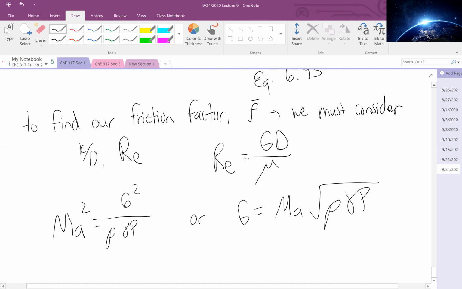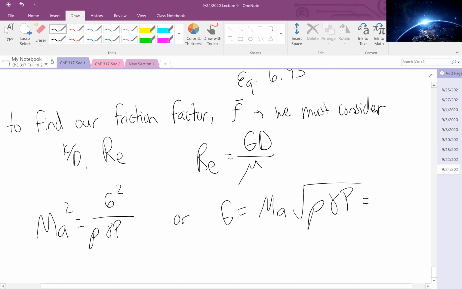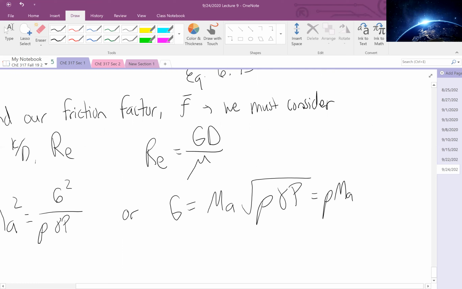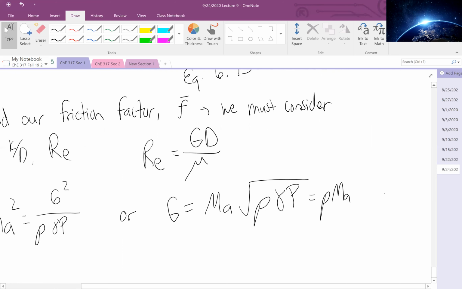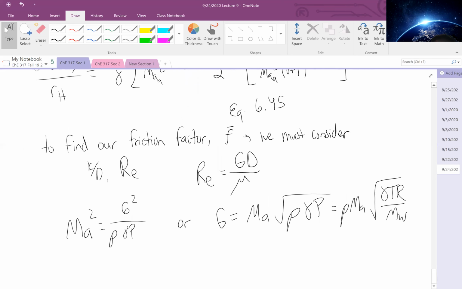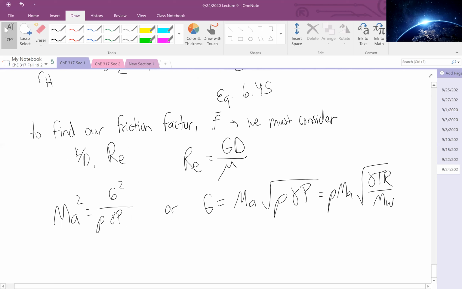Which, if you want to do it based on temperature and pressure, you end up with an expression that looks like this. This is equation 6.46 on page 148.